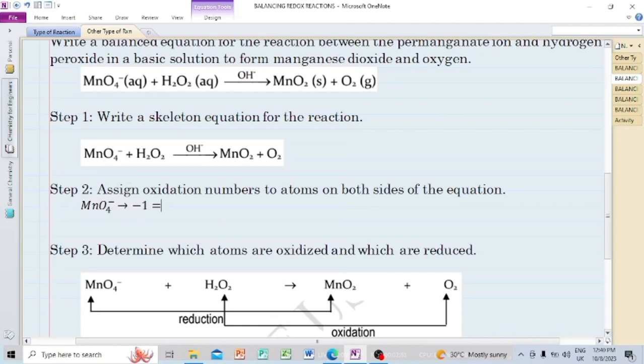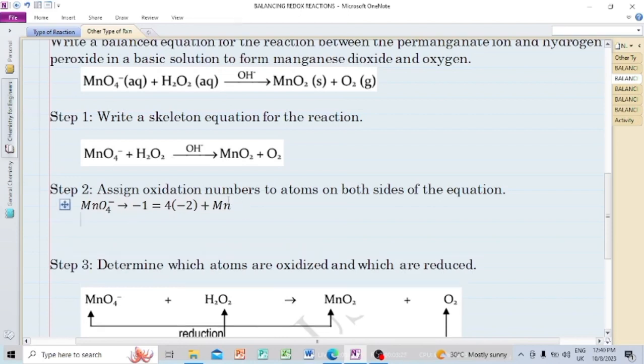So -1 is equal to 4 times -2, since the oxidation number of oxygen is always -2, plus the oxidation number of Mn. So -1 minus -8 will be 7. The oxidation number of Mn is 7.